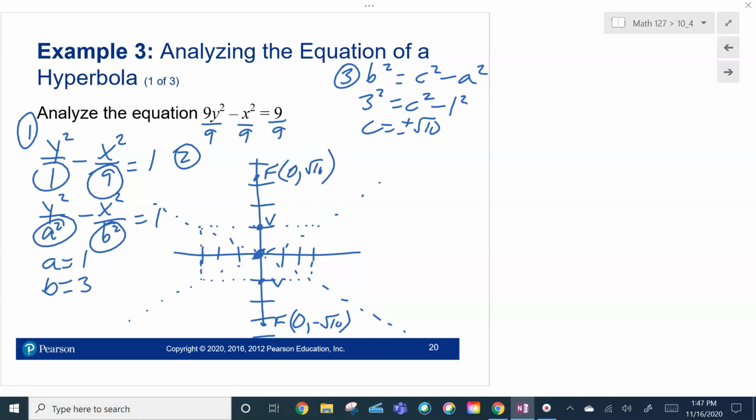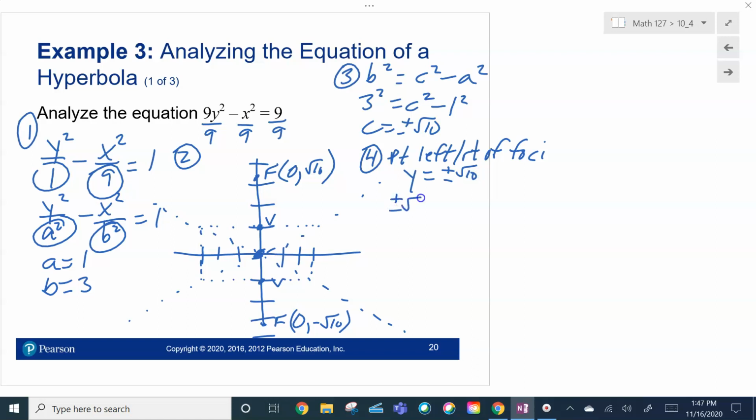Let's get a point. This time will be off of the focus, so to the left and right of the foci. Now the foci are at root 10 and negative root 10, so what I'm going to do is let y be plus or minus root 10 in my equation.